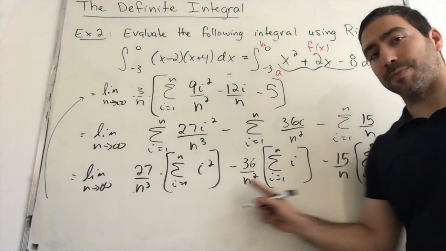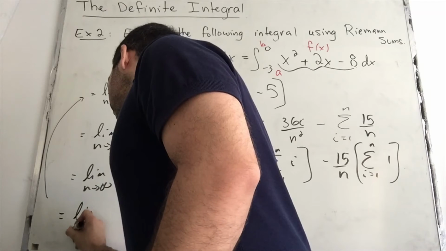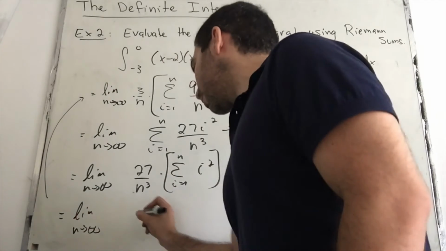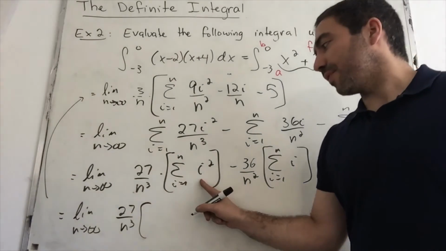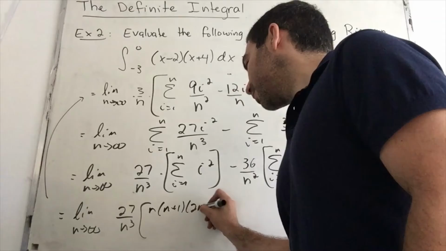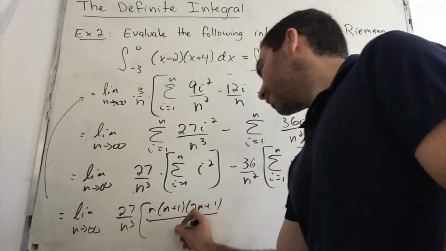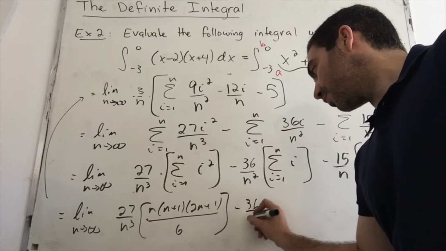So having our formulas memorized, we saw this in previous videos. We know this is equal to the limit as n goes to infinity, 27 over n cubed. The sum of i squared is n times n plus 1 times 2n plus 1 over 6. This is minus 36 over n squared.